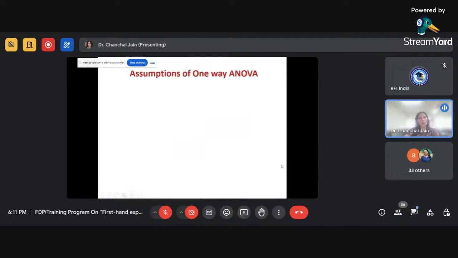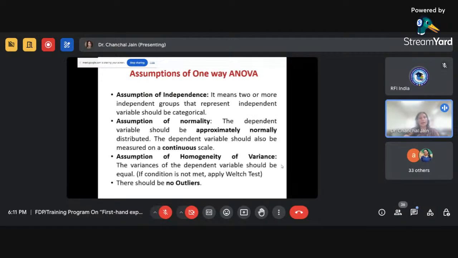Further, talking about the assumptions of one-way ANOVA, I think you people are now used to this, that generally in case of each and every statistical test, we are having assumptions. So here in case of one-way ANOVA also, we are having assumptions. The first one is the assumption of independence. That means two or more independent groups that represent the independent variable should be categorical.